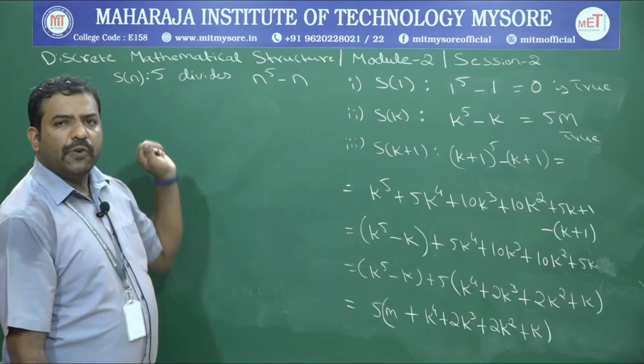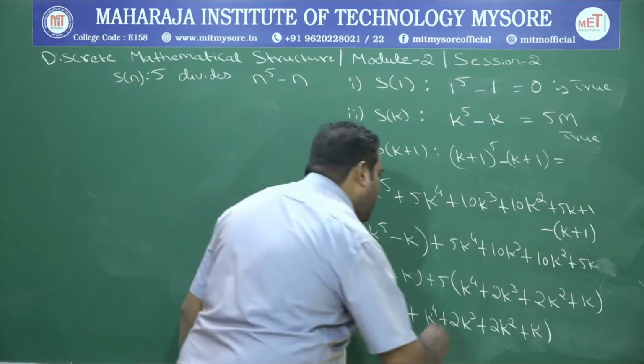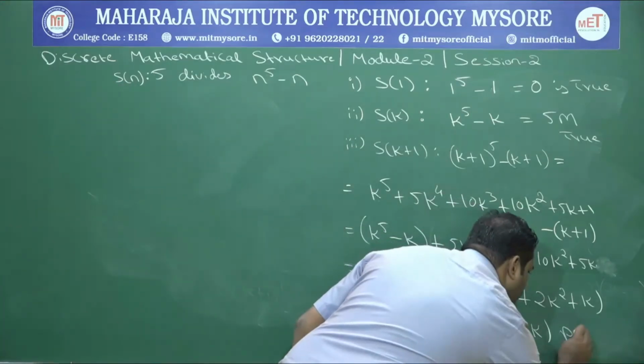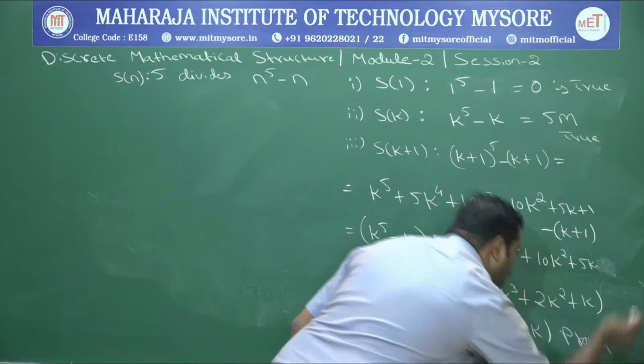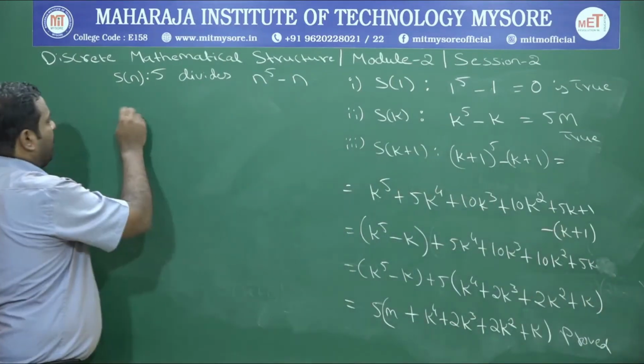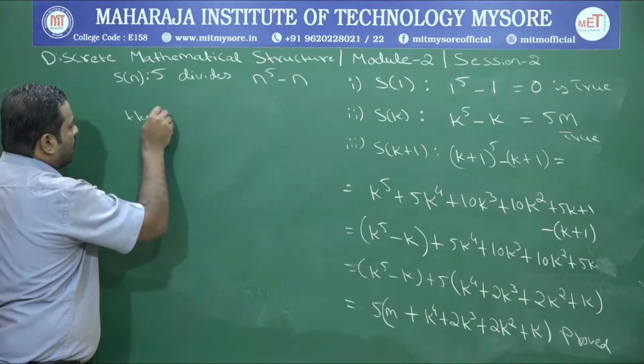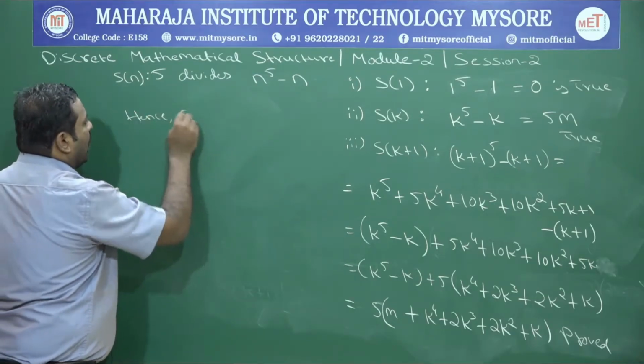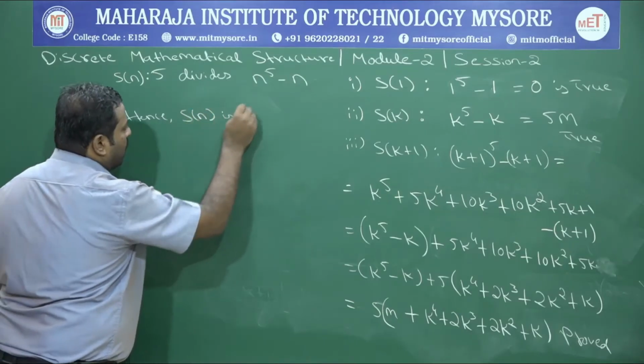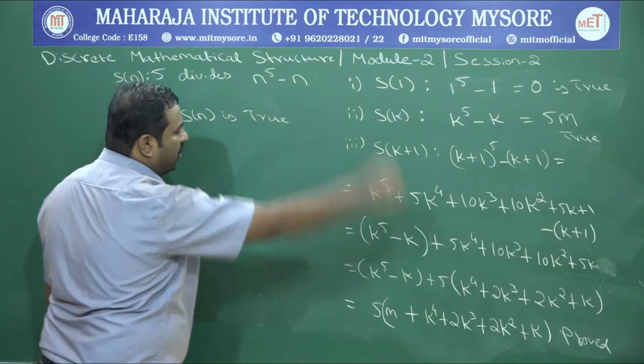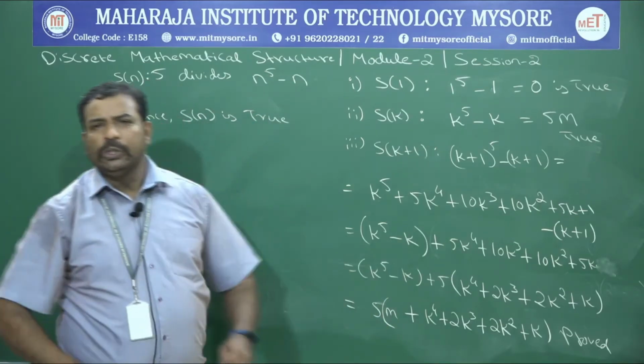The statement is true for k plus 1. Hence, it is proved. For this reason, S of n is a true statement. This is how exactly we are going to solve it.